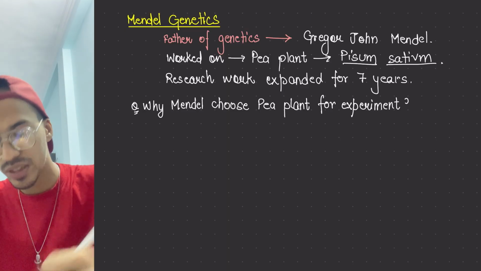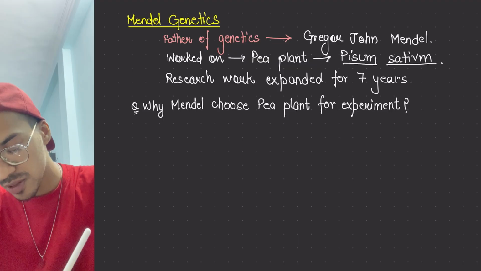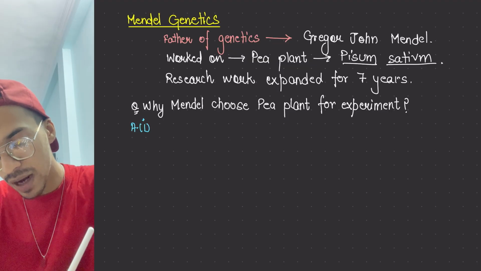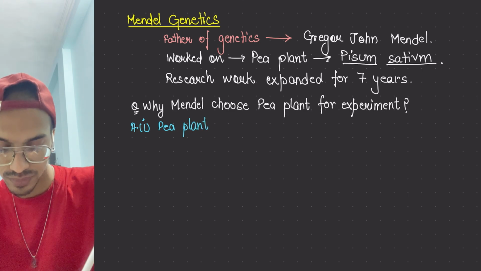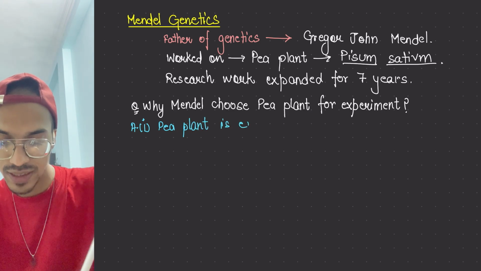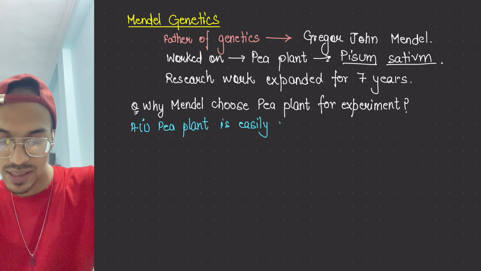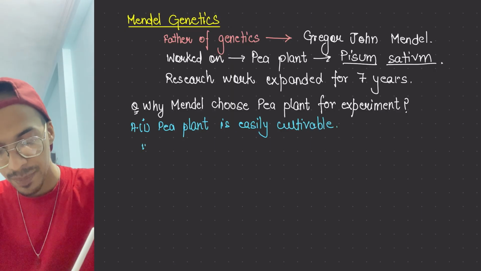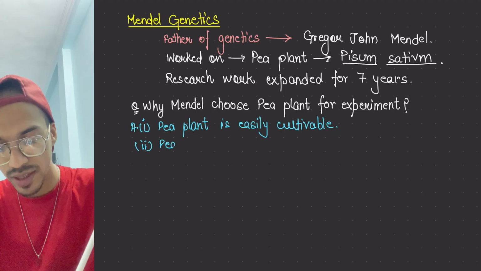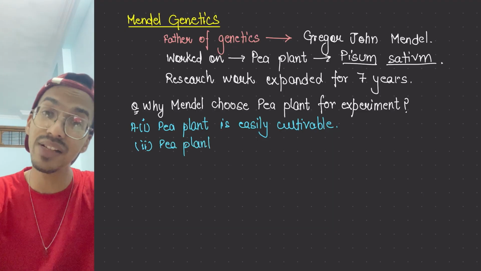So the answer to this question is, first, that the pea plant is easily cultivable. Next, the pea plant has a shorter lifespan, so we can see the result faster.